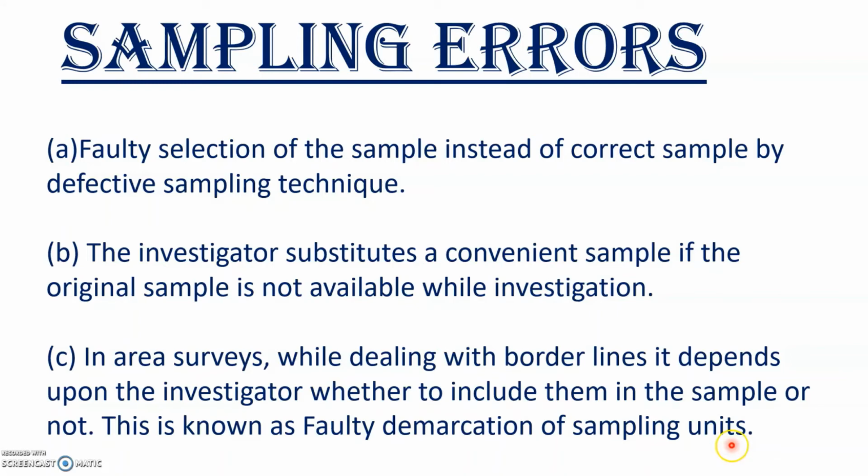Like you have zone 1 and zone 2. You feel that samples lying here would probably not be a proper representation of either zone, so you ignore these samples and go to the samples which are inside. This is called faulty demarcation of sampling units.